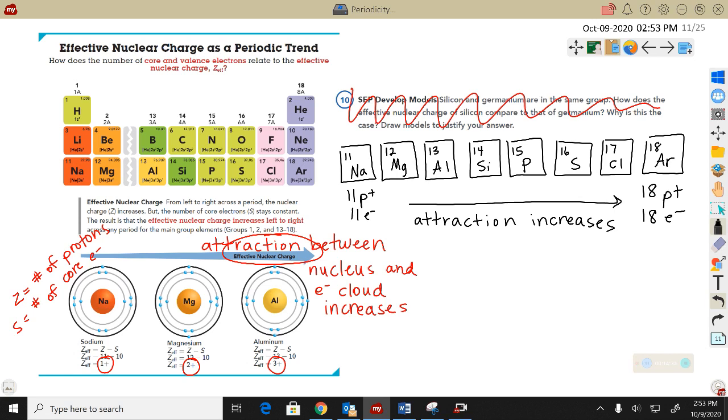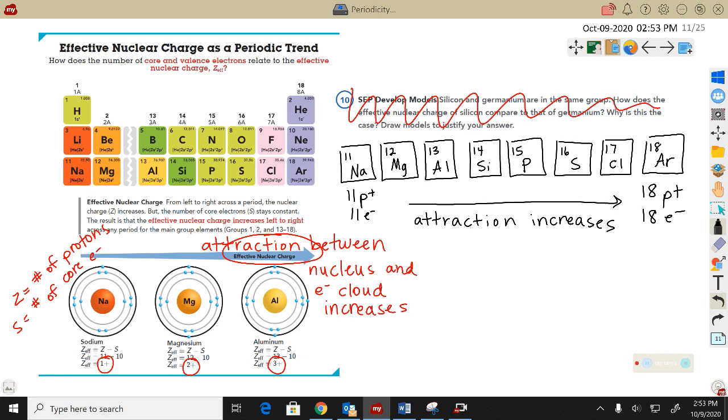And the more strongly those electrons are attracted to the nucleus, the more stable the atom becomes. That fact, that the attraction between the electron cloud and the nucleus in all of the noble gases is a strong attraction, is one of the reasons why they're not very reactive. That's what I want you to know about nuclear charge.